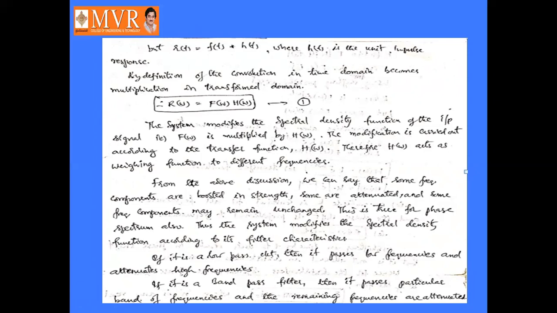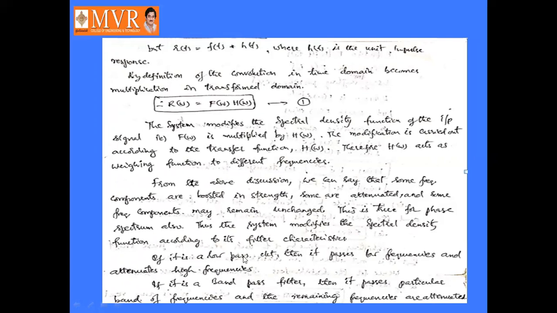From the above discussion, we can say that some frequency components are boosted in strength, some are attenuated, and some remain unchanged. This is true for the phase spectrum also. Thus, the system modifies the spectral density function according to its filter characteristics.